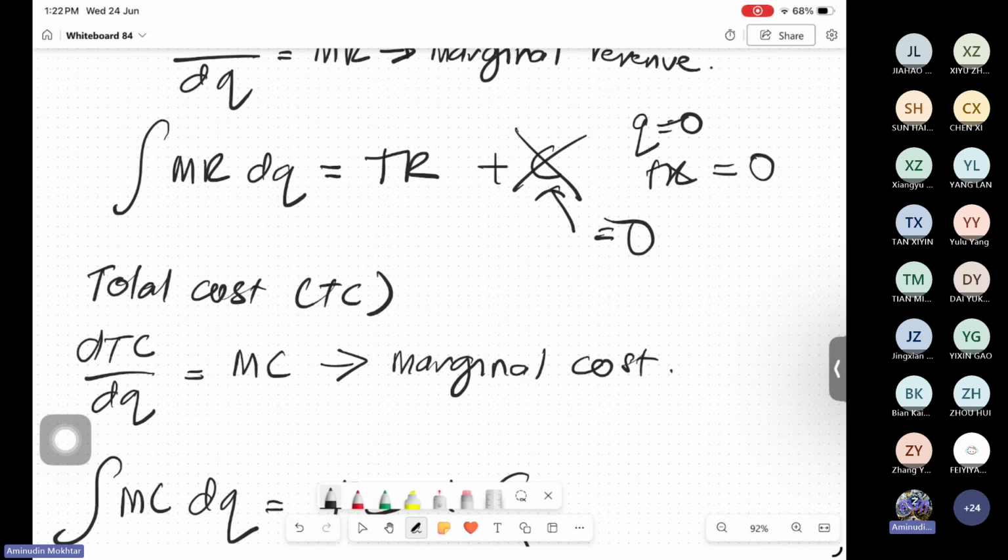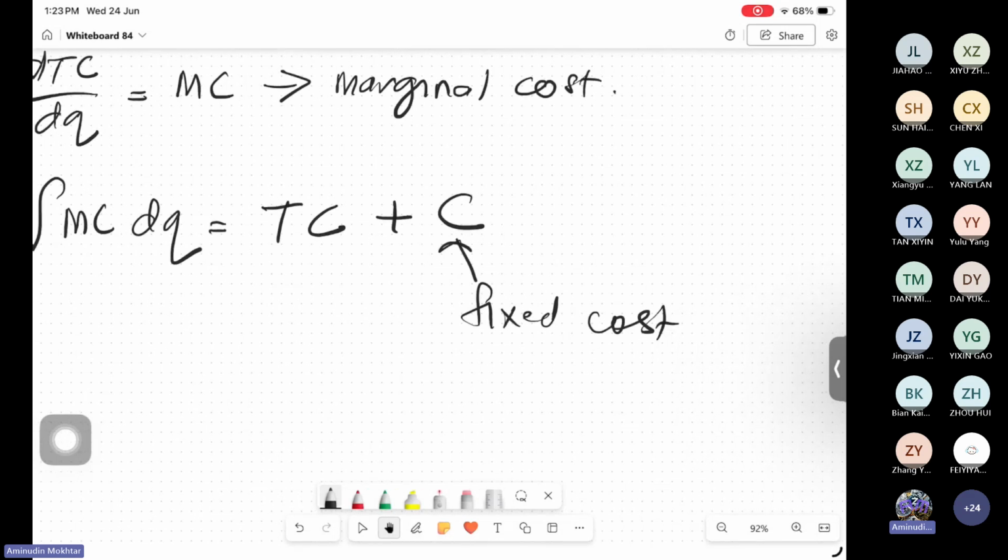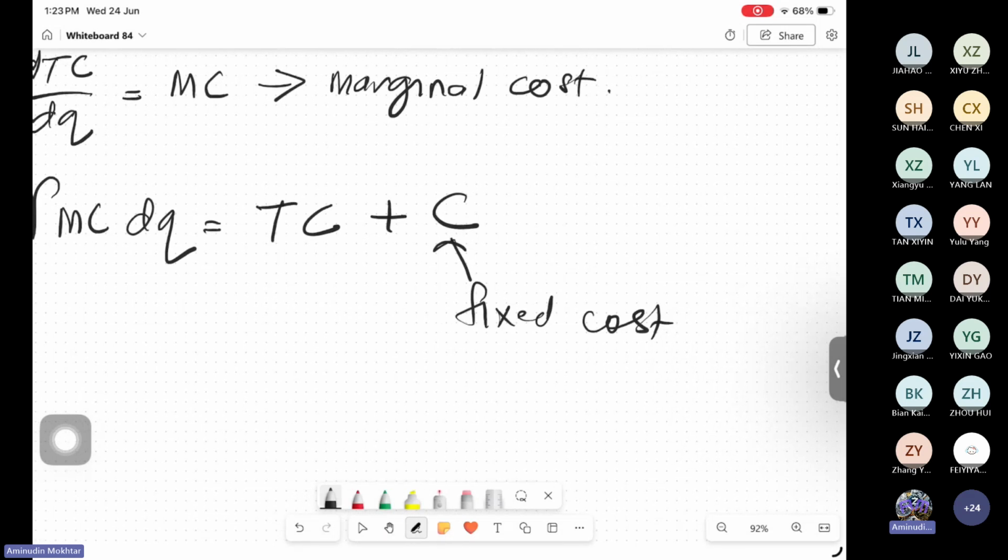So when we want to apply the derivative or the integration to total revenue, no need to put plus C. But for marginal cost, since we have the concept of fixed cost, the size of C will represent the fixed cost.